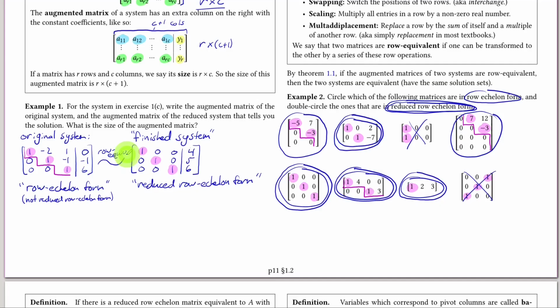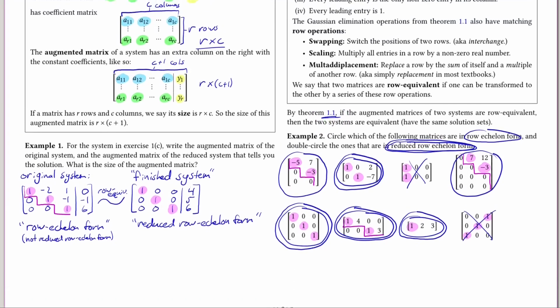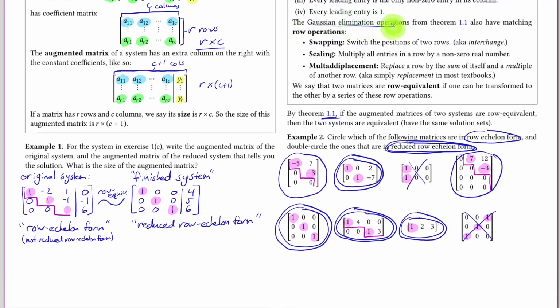And that means that the systems of equations that they represent are going to have the same solution sets. Because that's what theorem 1.1 said, that doing Gaussian elimination operations does not change the solution sets of the systems. When you do these row operations, you're doing the same thing, just in the form of an augmented matrix.